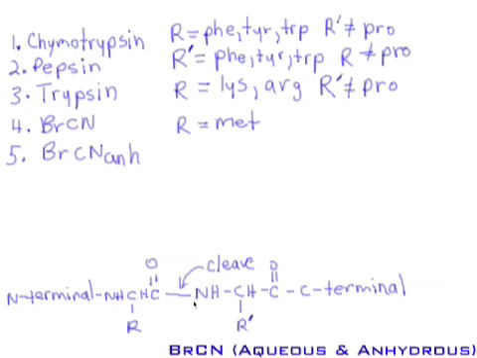Okay? There is no limitation with proline. In anhydrous conditions, it will cleave to the right of methionine or tryptophan. Note that trypsin, bromocyanogen, and anhydrous bromocyanogen are very specific. They're very specific.